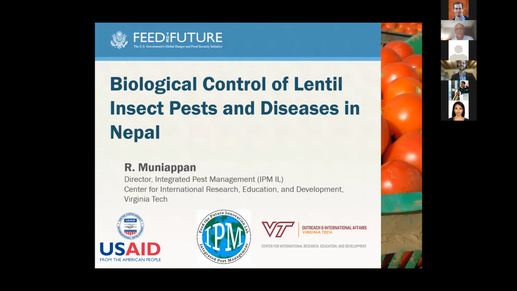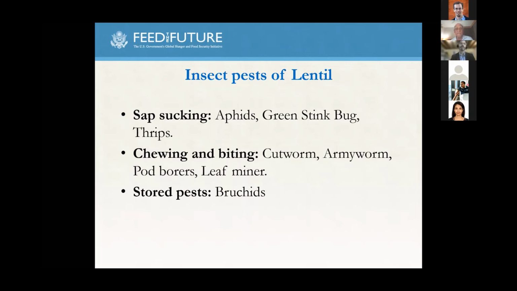It still shows the same. Is it my slide or is it being shown from your side? Now it's forward. Now we see insects, pests of lentil. Okay, since I originally submitted to you, I changed some slides. So this is correct. Let me see. Dr. Mooney, I am sharing. So if you would like to share, I will stop sharing and you can share your slide. Yes, please. Very good.